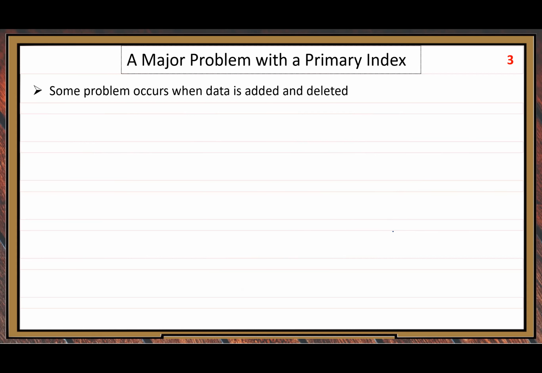Some problem occurs when data is added and deleted. Dynamic data: think about the data in our applications in the business world. Our data keeps coming in and going, right? Come and go frequently. When the data comes in, you need to add a new data item into the current storage structure.